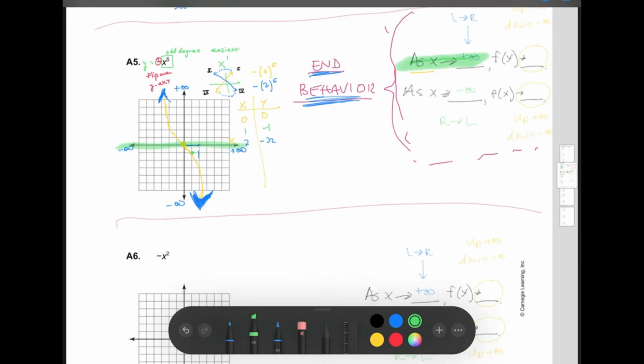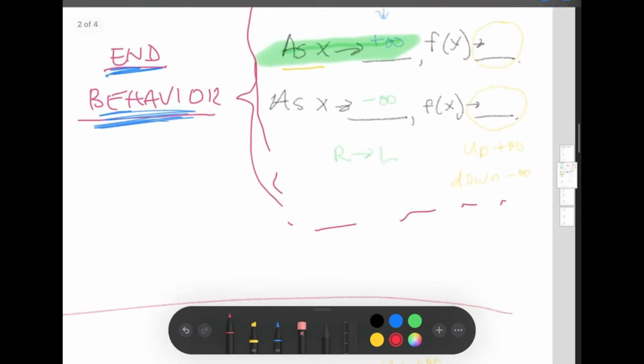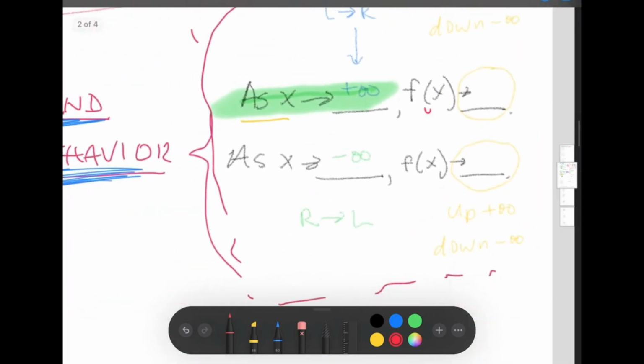So as we go from left to right, what's happening to my graph? I can draw these lines. As I'm going in this direction, what happens to that arrow? The arrow is going down. So it says f of x, or the y values, are going down. So we're going to write negative infinity as my answer.